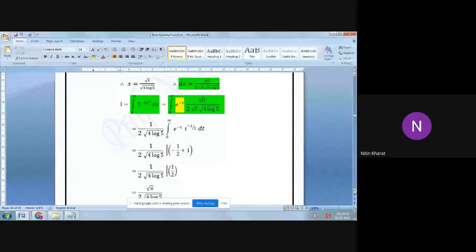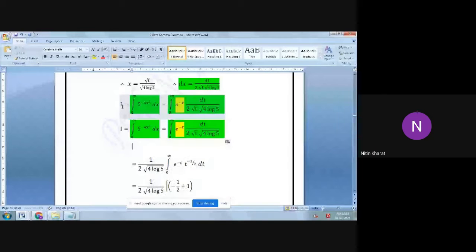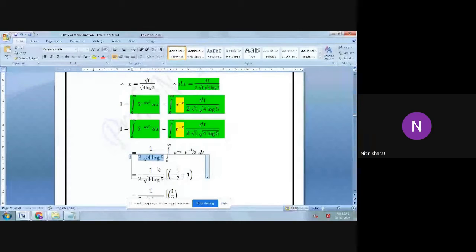This constant is removed from inside the integration.